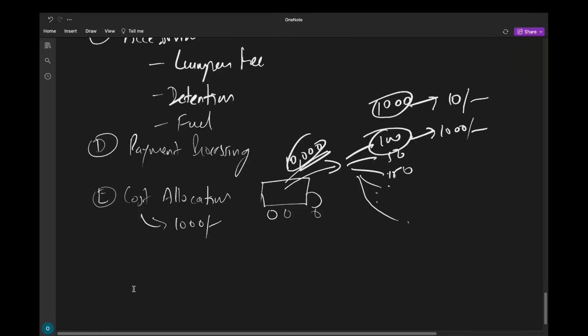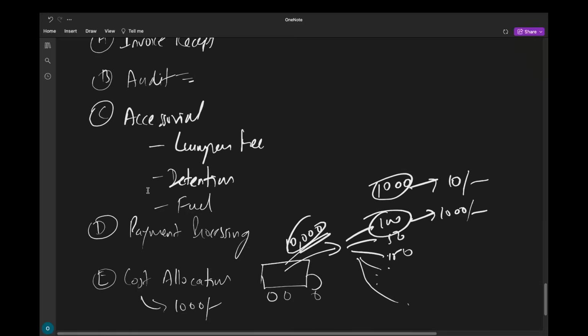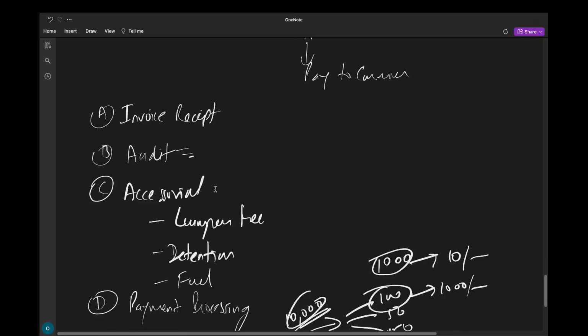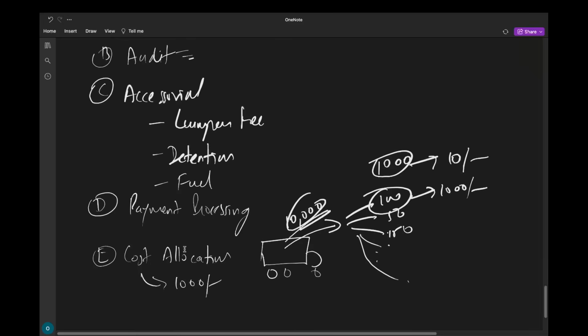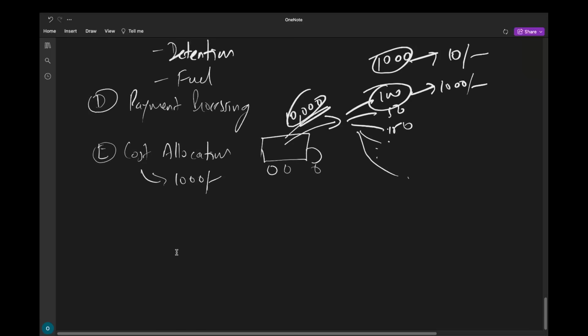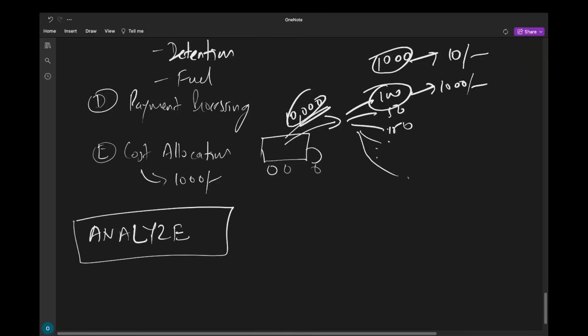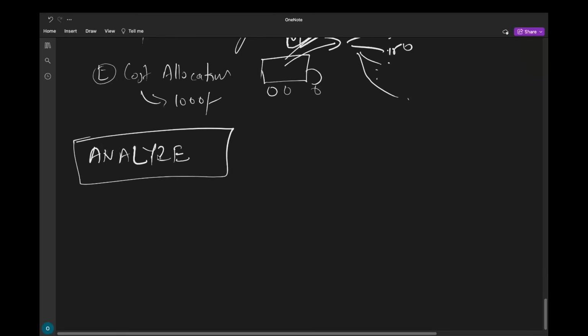So these five things come under the settlement part: invoice receipt, audit, accessorial, payment processing, and cost allocation. Then at last we do the analyze. Here various things are there.